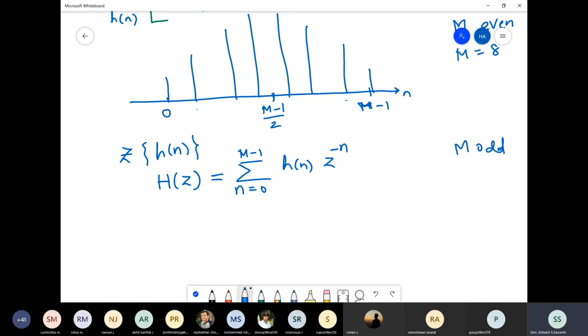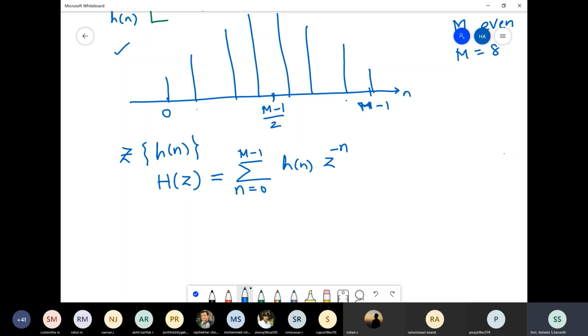H of n has samples from 0 to m minus 1. Therefore, the summation also is from 0 to m minus 1. So we are deriving this case for m even, for this particular signal which we have written for m even.